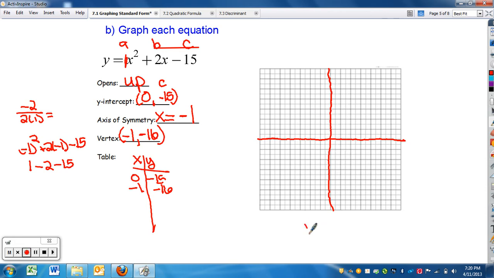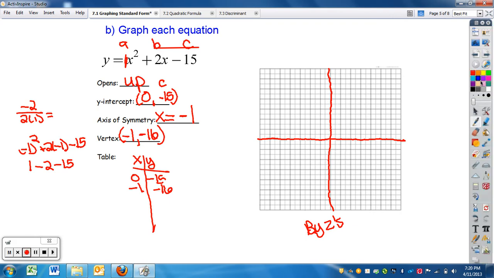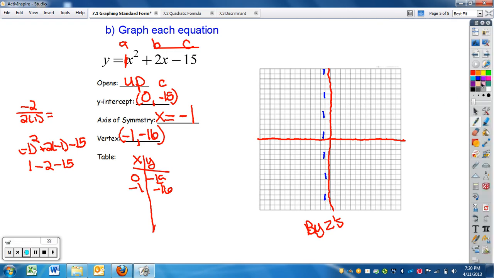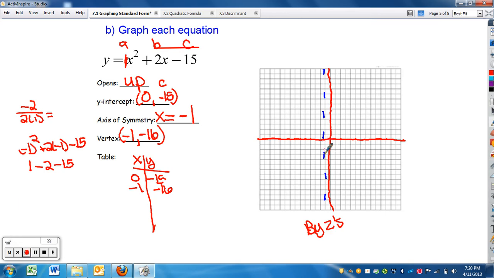Alright, so I'm going to go by 2s to make sure it all fits. And then my axis of symmetry I'm going to draw in there. It's right at negative 1. There's my middle, my line of symmetry. So plotting my points, negative 1, negative 16, so 2, 4, 6, 8, 10, 12, 14, 16. Negative 15, 0 would be here, reflected over.